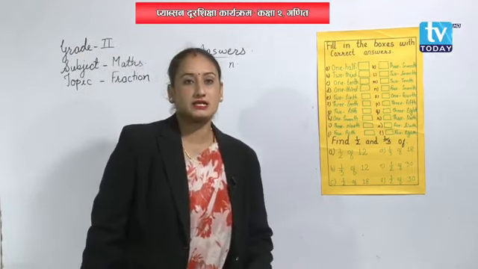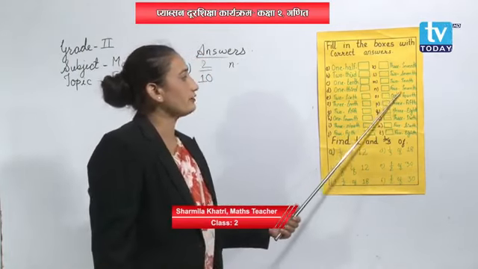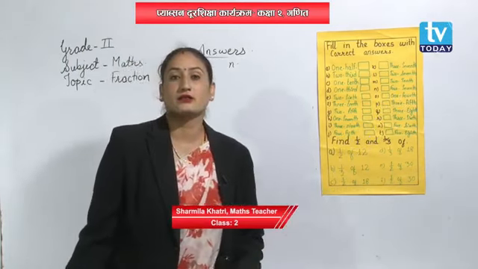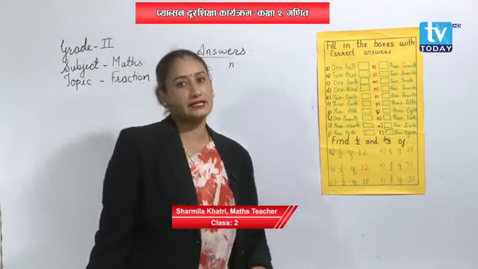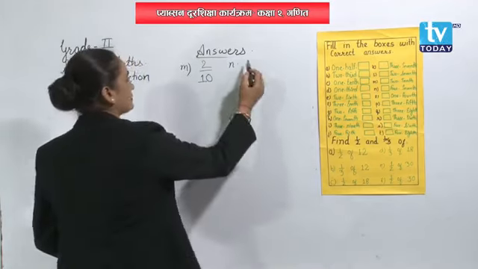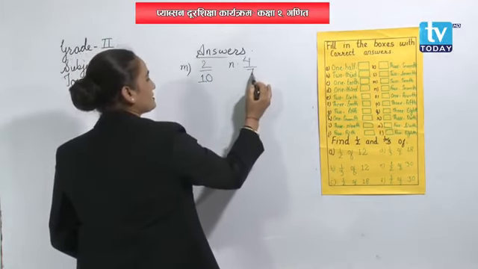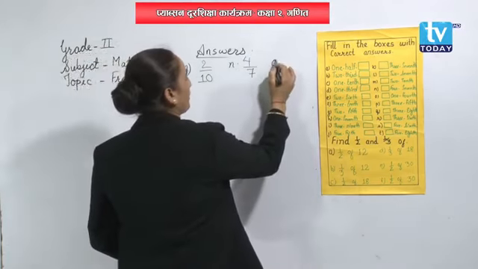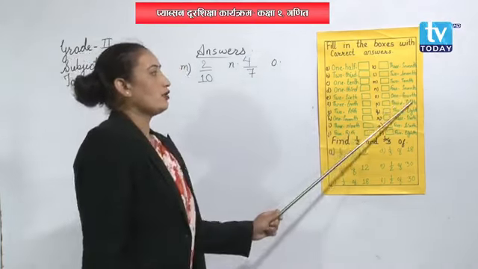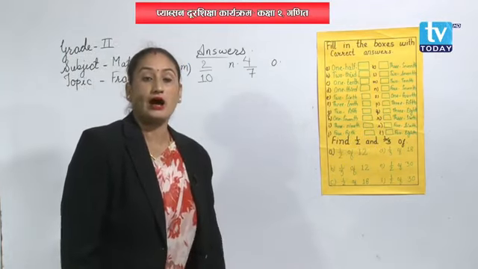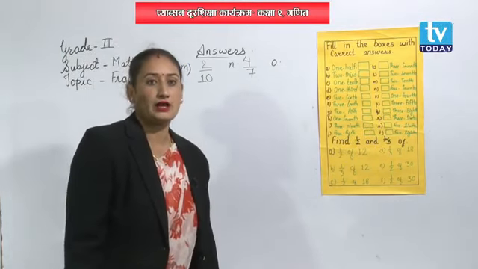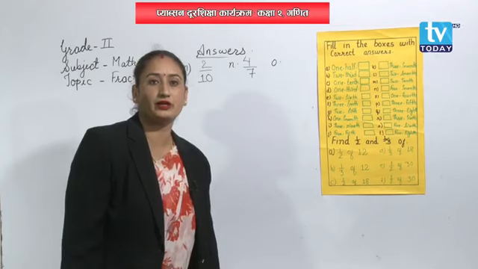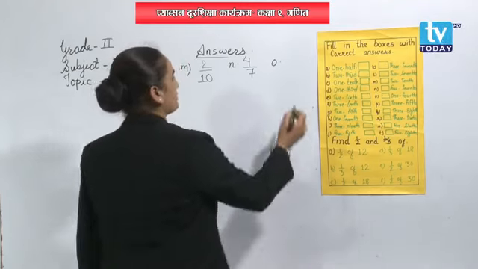How many parts are shaded over here out of 7 parts? 4 parts are shaded. So, you have to write 4/7. Then 1/4. Out of 4 parts, how many parts are shaded over here? 1 part. So, please write down 1/4.